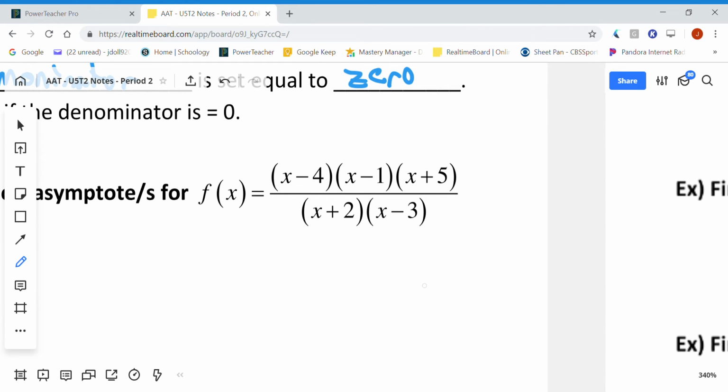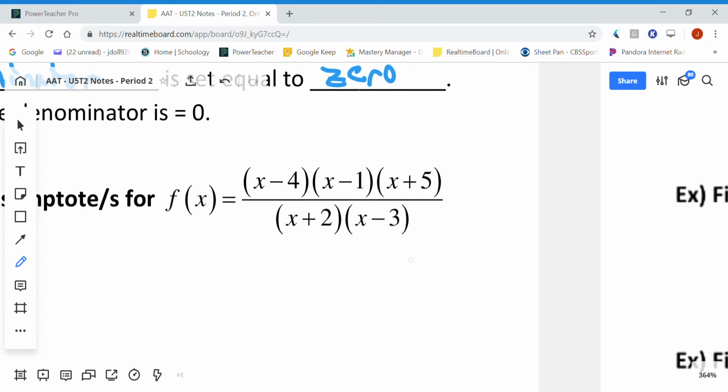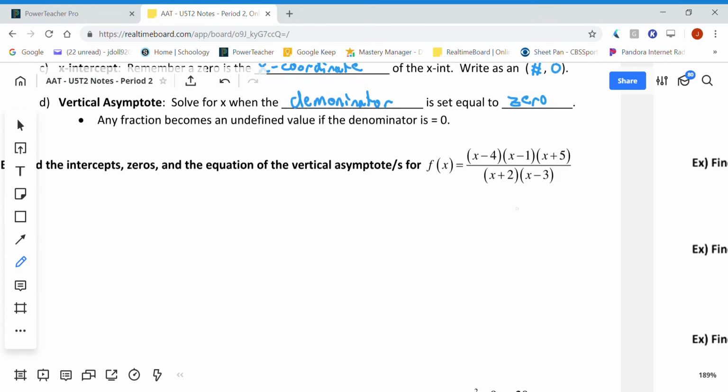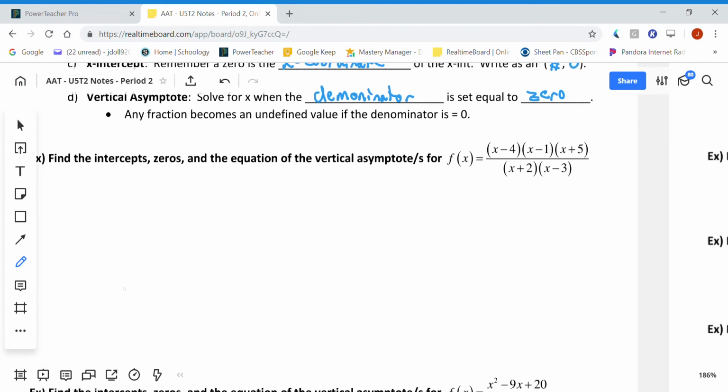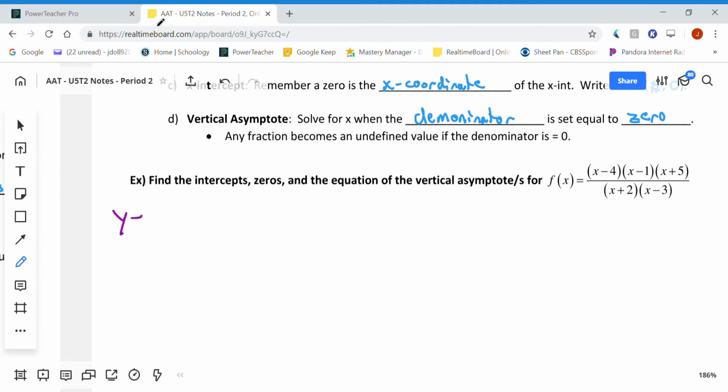So if I look at this, let's just go down the list here. Let's start with our y-intercept. To find the y-intercept, I'm going to take this function and put 0 in for x. So what that's essentially going to do is make the top negative 4, because 0 minus 4, 0 minus 1, and then 5, 0 plus 5.